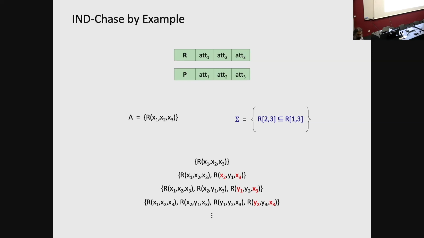So the chase keeps adding things in the way that we discussed in order to be able to prove that what you build is this representative set of atoms that can be homomorphically embedded into every other set that satisfies the constraints.